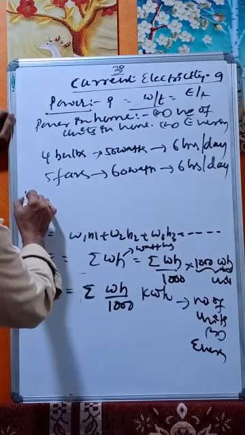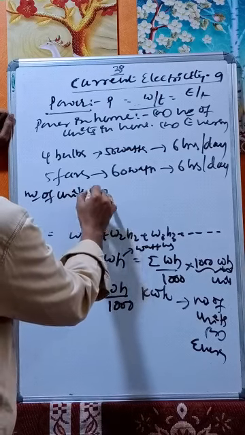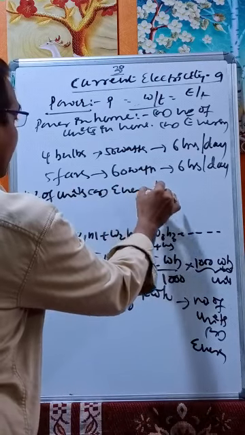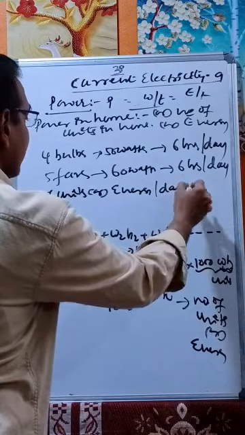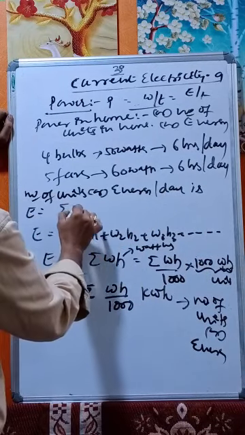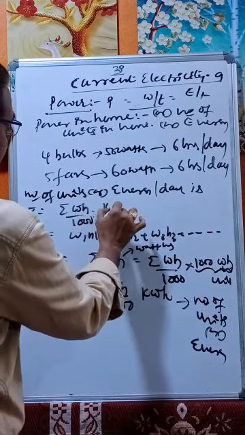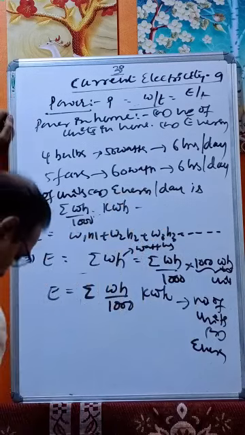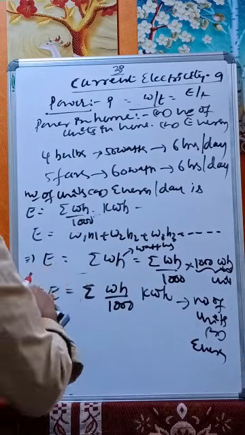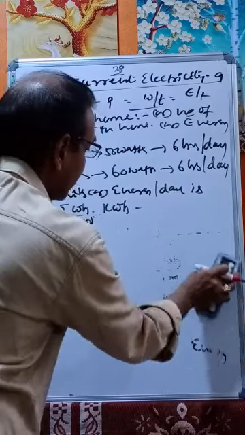Now, what is the number of units or energy per day? Again, E is equal to sigma over WH by 1000 kilowatt hours.